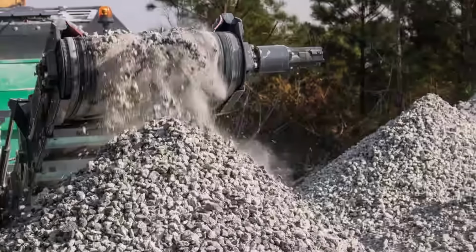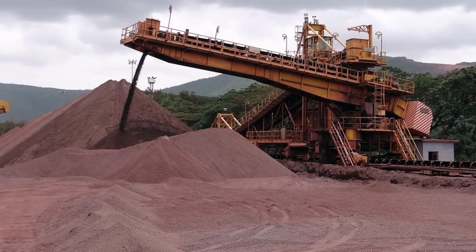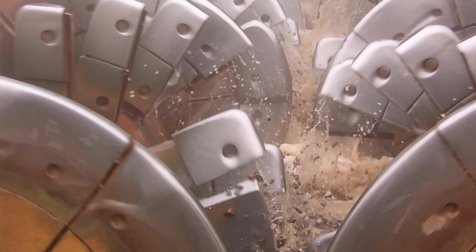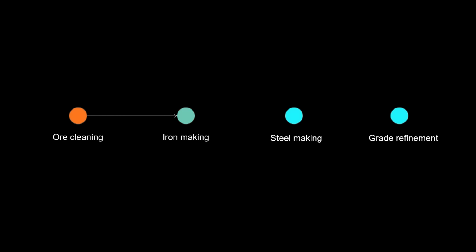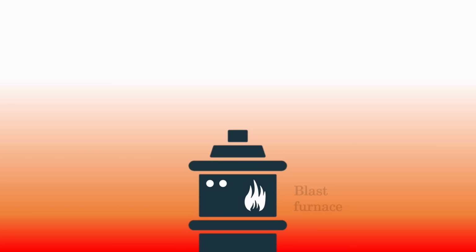The raw ore is crushed into small pieces and ground into fine powder to increase the surface area for better separation. And then processes like screening, washing, palletization or chemical separation are used to isolate the iron from impurities. And then the clean ore is ready for iron making in a blast furnace.